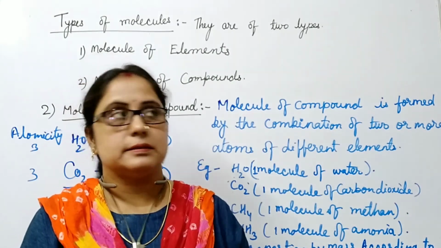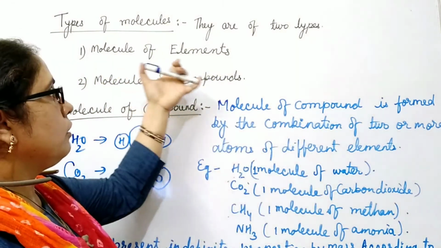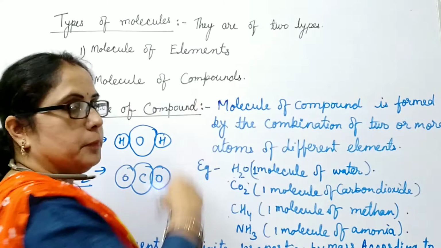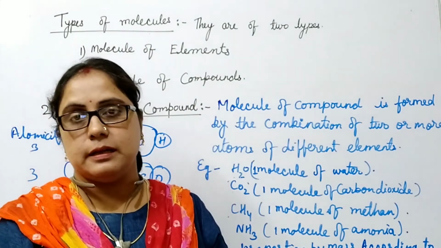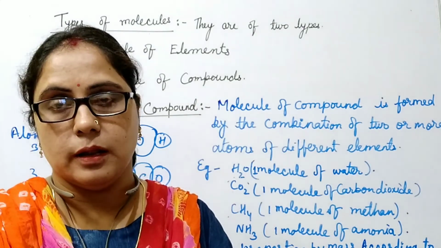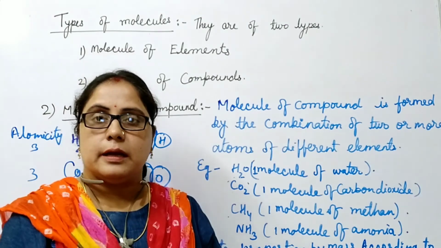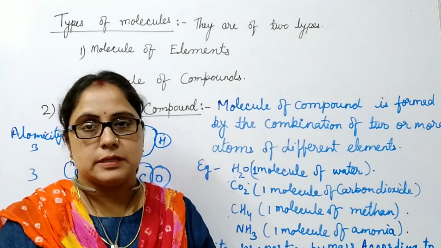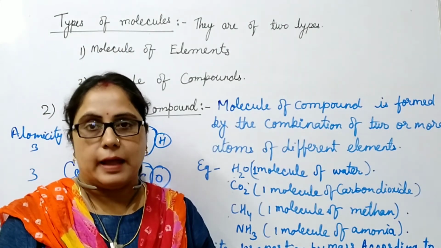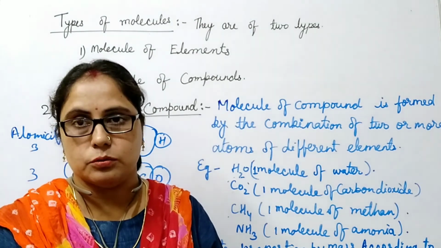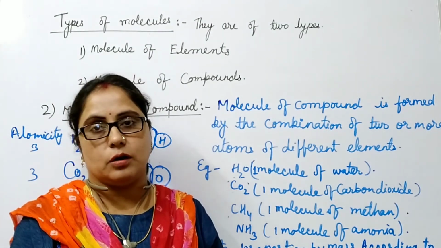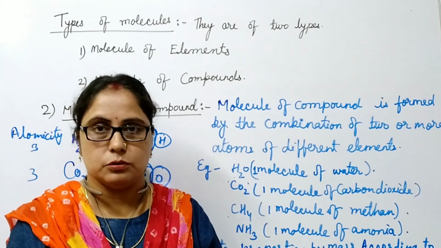Students, these molecules of elements and molecules of compounds are represented in terms of symbols. These symbols include the number of atoms and the symbols of the elements involved in the molecule, and are called the chemical formula of molecules.